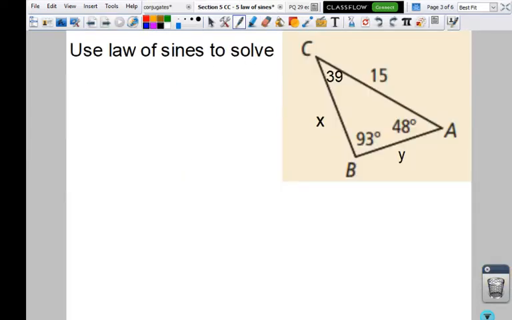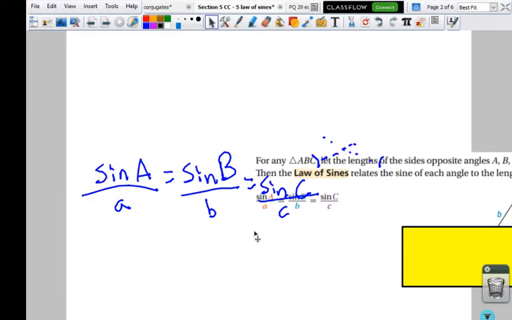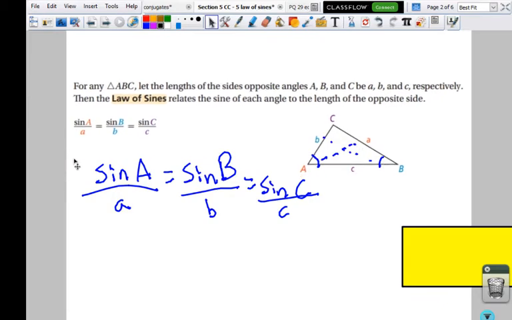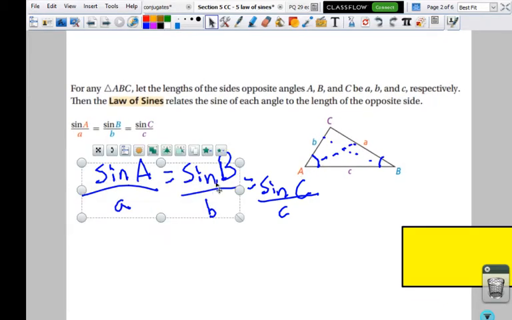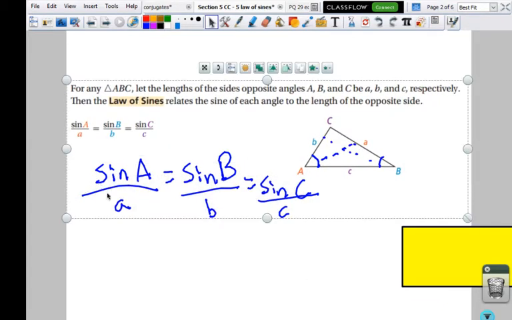Let's look at this triangle right here. I'm going to copy and paste my law of sines real quick because I'm feeling lazy. Not you. Why are you doing that one? I'm trying to copy it. It looks nice, it's too small. You can make it bigger.